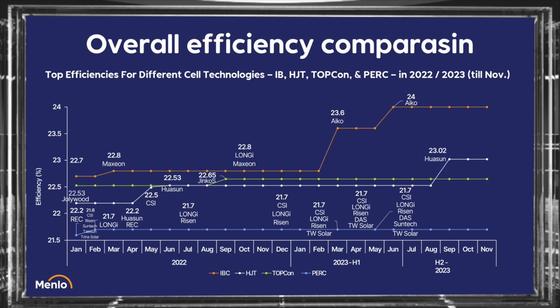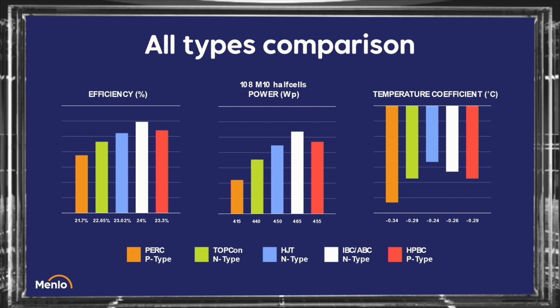Heterojunction is chasing them. TopCon, which is the new mainstream technology due to production capacity and prices, is just after that. And at the bottom of this scheme, we see p-PERC technology, which has not been developed at all in recent years. Okay, so if we compare parameters, we can see that no doubts, ABC technologies are the best.